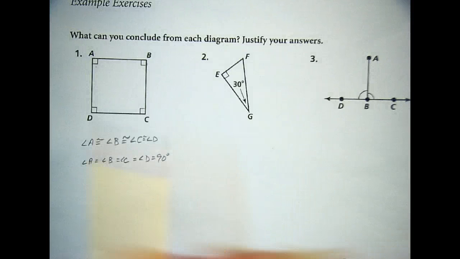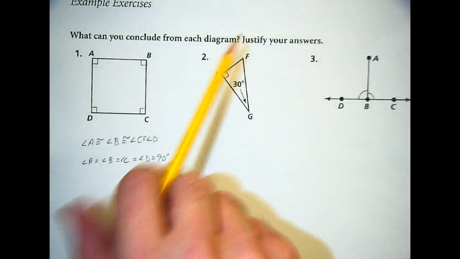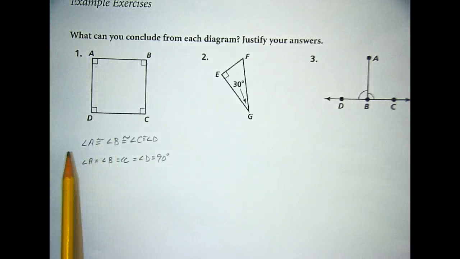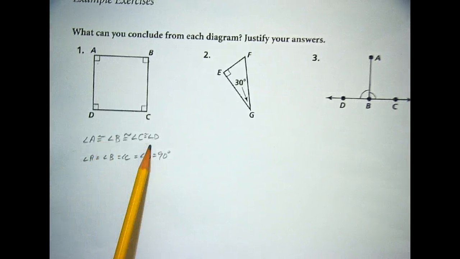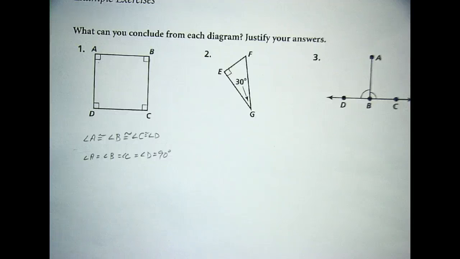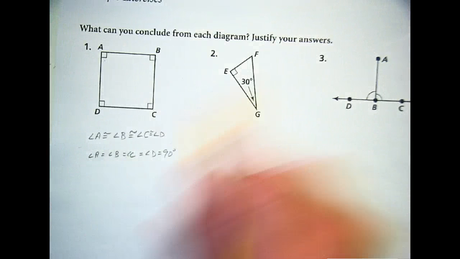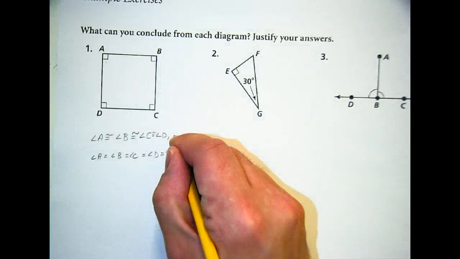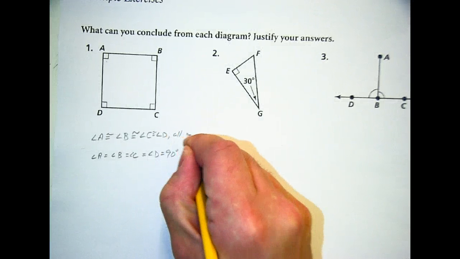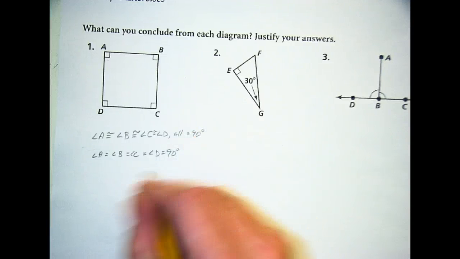So first of all, it says, what can you conclude, and then justify your answer. So how can we conclude this, Logan? Okay, well, the same marking. What is that marking? Okay, they all add up to 90 degrees. Okay. All right.